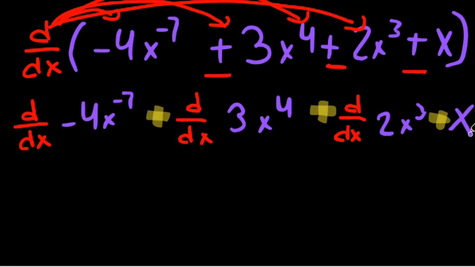I'm just going to leave it as x here because I don't have any space, but imagine there's an invisible d over dx here.